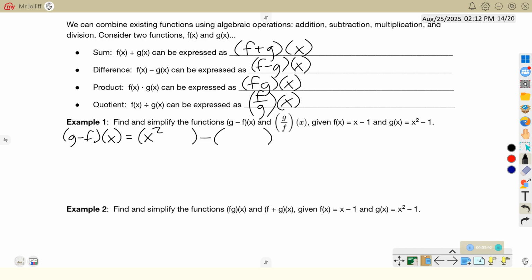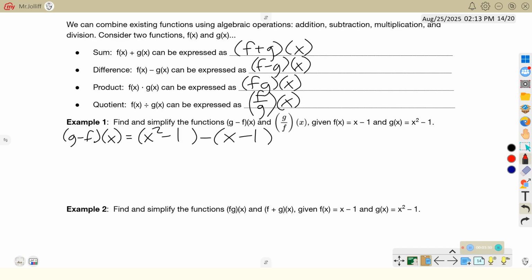G is x squared minus 1. That's the guy that's in front. The guy behind the subtraction is f. I'm going to copy f. F was x minus 1. And then I simplify.